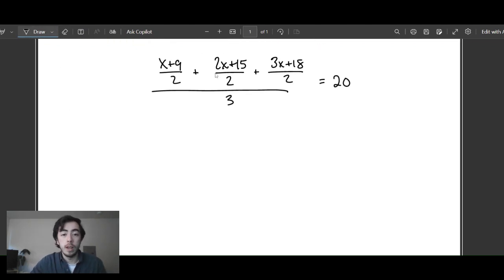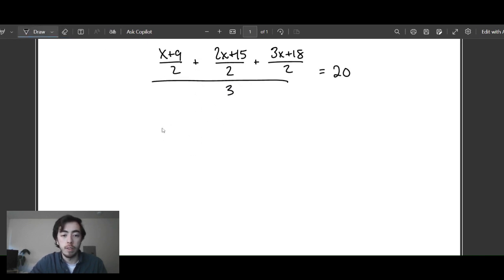And dividing by 2 would just be tacking on a 2 down here in the denominator. So I could rewrite this gnarly looking fraction as something a little bit nicer. Here I'm just rewriting all of those numerators. And then finally I'm going to divide everything by 6 and have that be equal to 20.